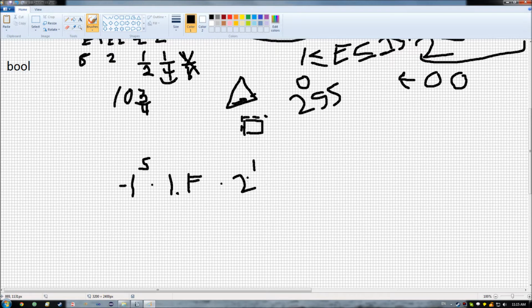But what you have here is 2 to the exponent minus 127. So if you want it to be 2 to the 1, your exponent would actually be 128. But that's a relatively easy part of it.